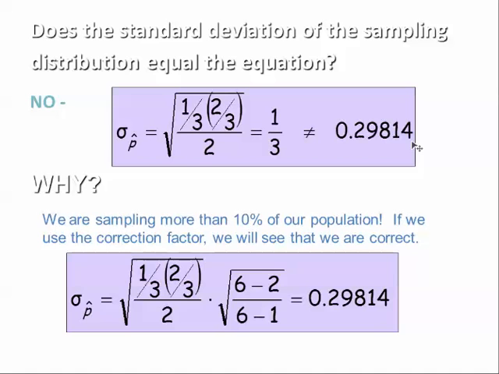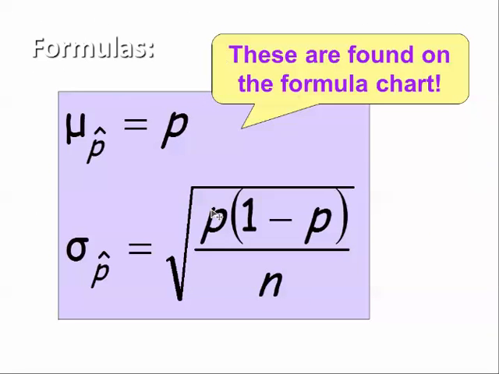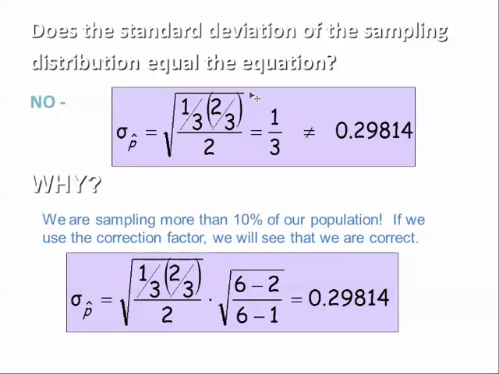Why? Well, there's a little bit of a correction we need to consider, because remember, we're talking about discrete situations, and these formulas here are considered continuous information. So we need to apply a little bit of a correction factor.